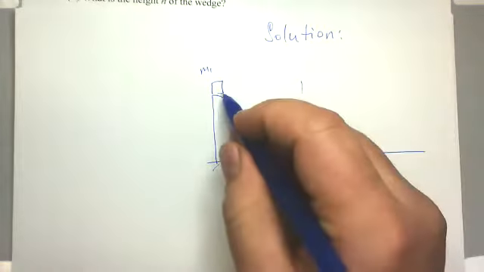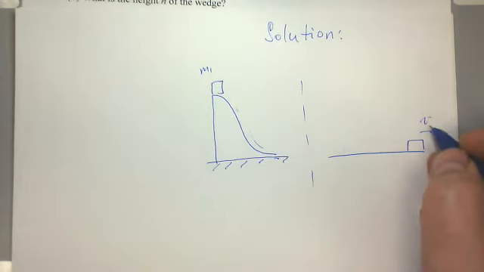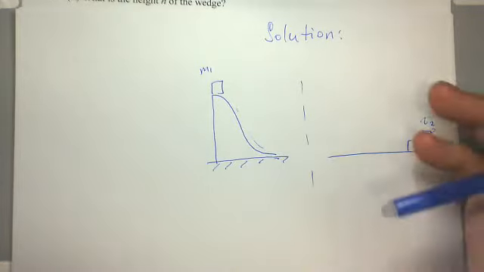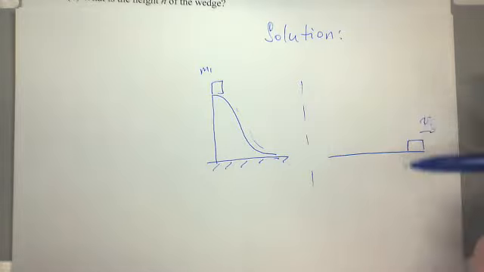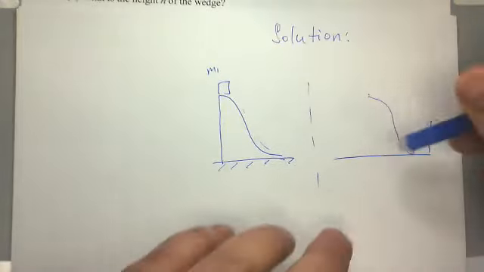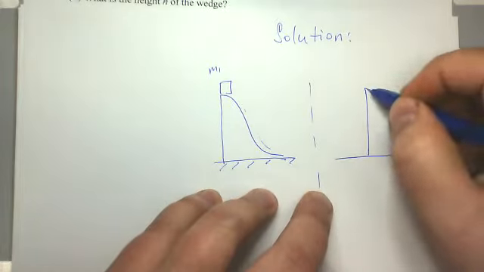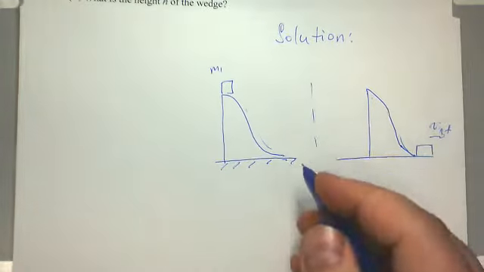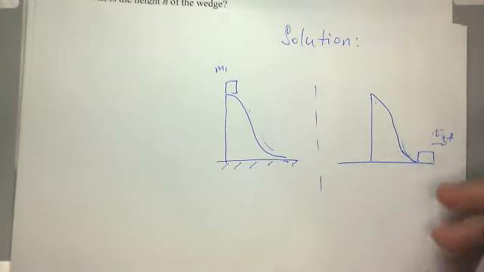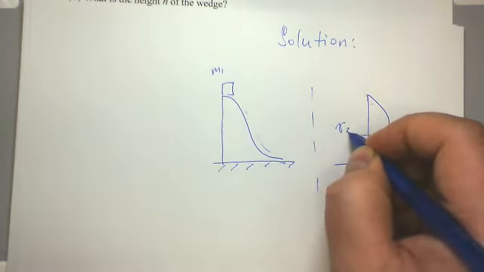Then this block goes down and leaves the wedge with the final velocity v1 final. Here is the wedge, and obviously this wedge will move to the left. Why? Obviously because of the momentum conservation principle. So v2 final, we need to find.